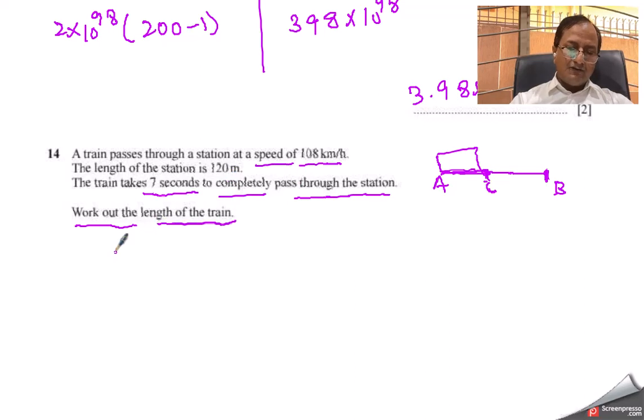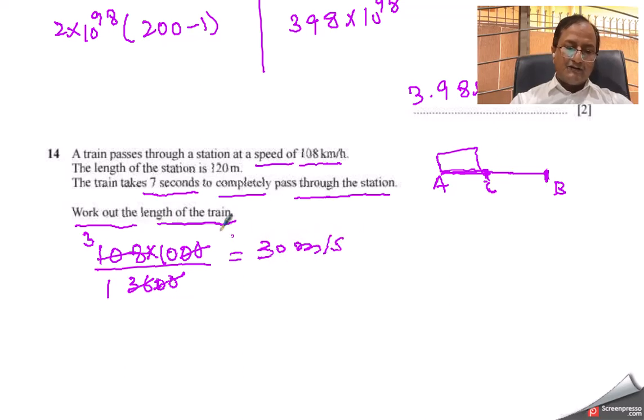In 1 kilometer there are 1000 meters, and in 1 hour there are 3600 seconds. Then the 0s cancel out, and this is the speed in meters per second. We have 36 ones are 36, and 3s are 108. It means the speed of the train is 30 meters per second.